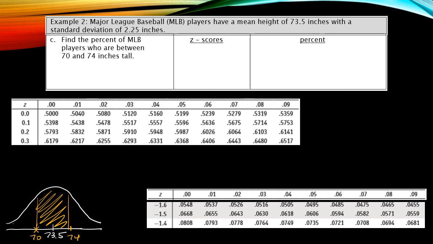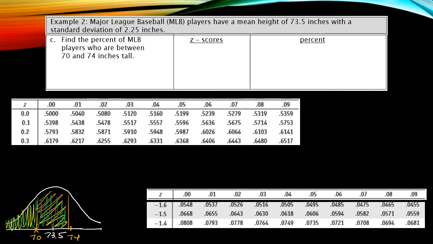Remember that your z-score table, when you figure out your percentile, is going to tell you the percentage below. So if I find the percentage that is below 70, it's going to give me this part that's in yellow. If I find the percentage that is below 74, it's going to give me this part that's in green. So what I'm going to do is find the percentage of the green part, which is going to use the z-score for 74.